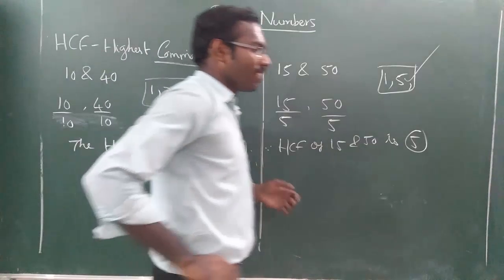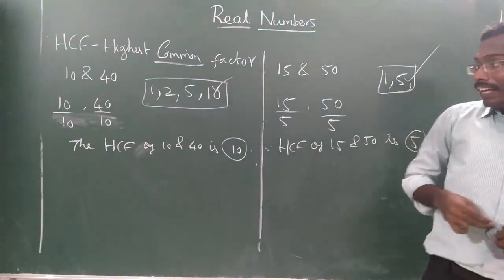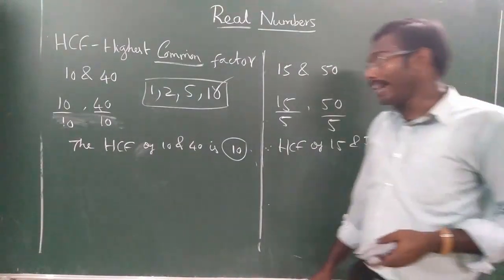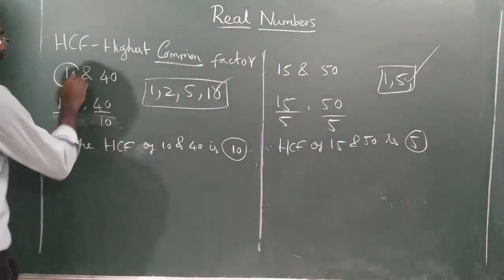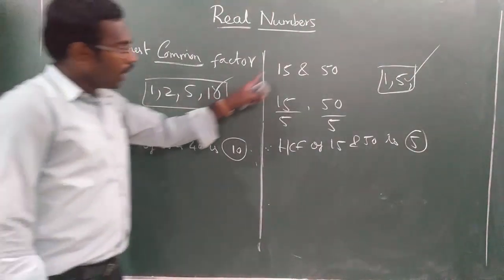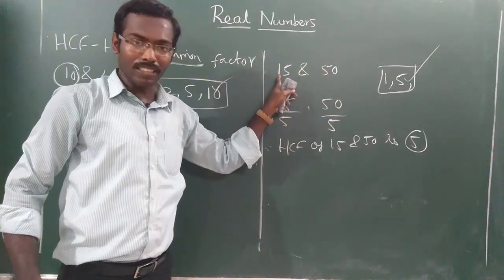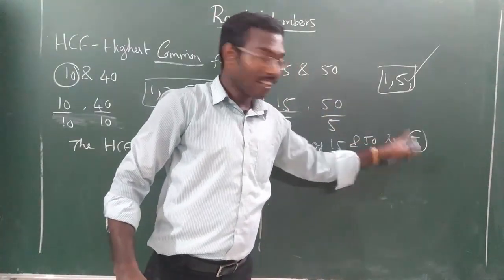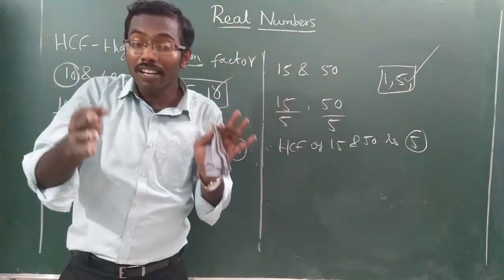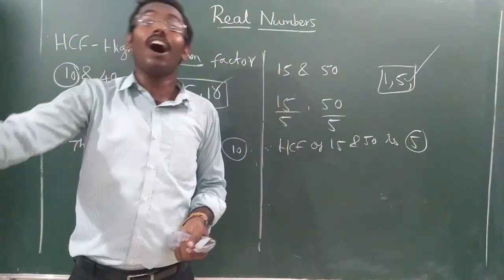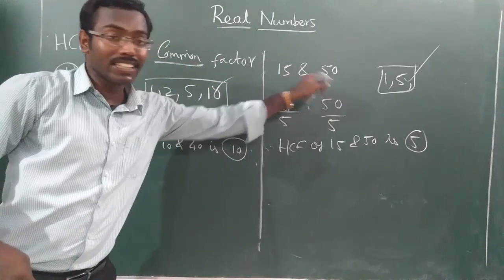This is HCF. So you understand one thing. The HCF value may be equal to the smallest number or smaller than the smallest number.